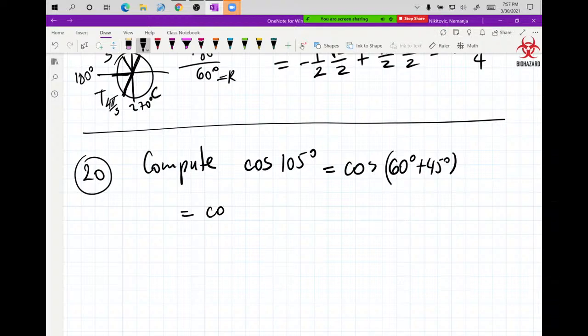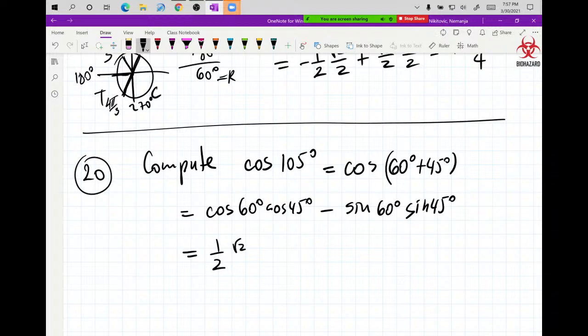That's going to be cosine 60, cosine 45, change the sign, and then sine 60, and then sine 45. Cosine of 60 is 1/2. Oh, this is going to be the same answers. Sine of 60 is root 3 over 2, and sine 45, root 2 over 2. So root 2 minus root 6 over 4 again.